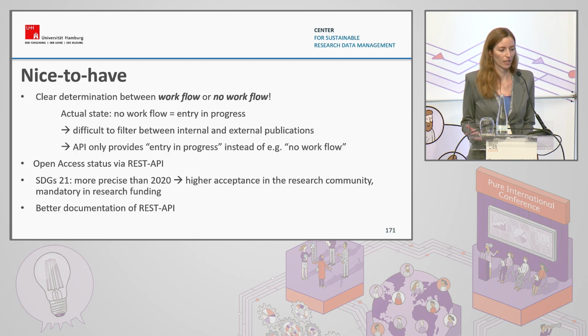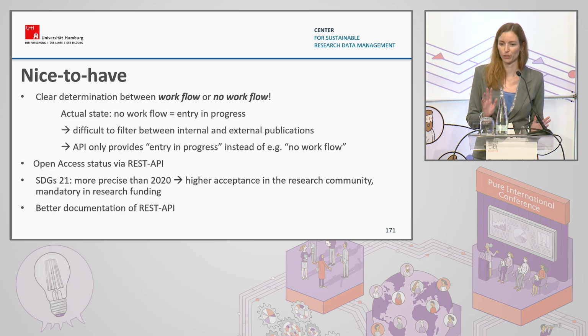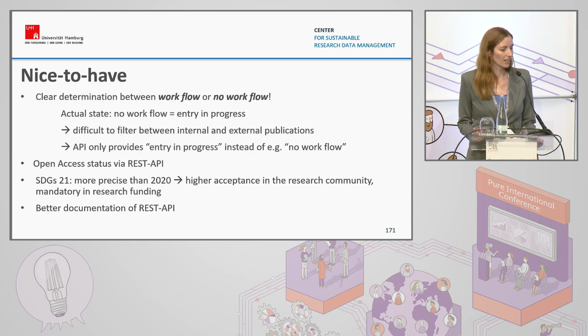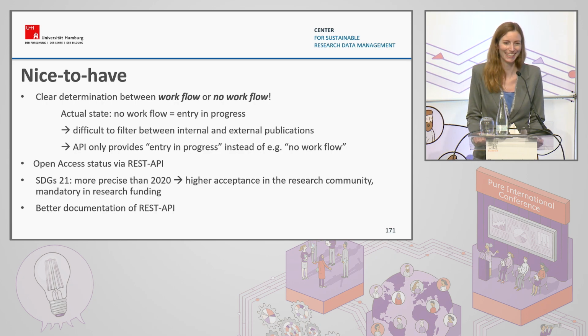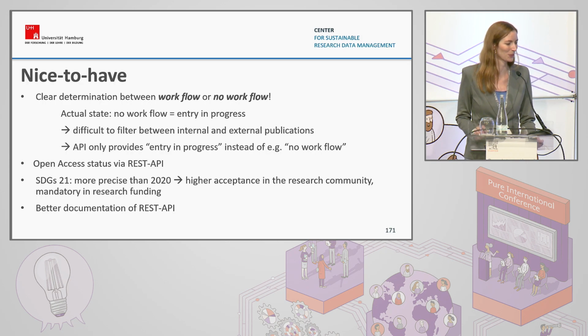And also, the API only provides entry in progress instead of, e.g., something like no workflow. Another thing that might be nice to have is getting an open access status via the REST API. Also, better documentation of the REST API, actually. So at the moment, we're just looking into Jira, closed Jira tickets, and finding out what we want to do.